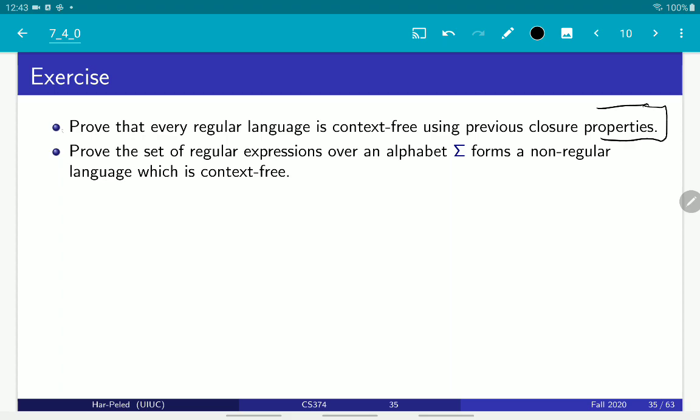The other proof was the one from the previous section that did it by direct reduction from a DFA. And the second interesting thing is that regular expressions themselves, the things you write down, are generated by context-free grammars, which is an interesting tidbit.